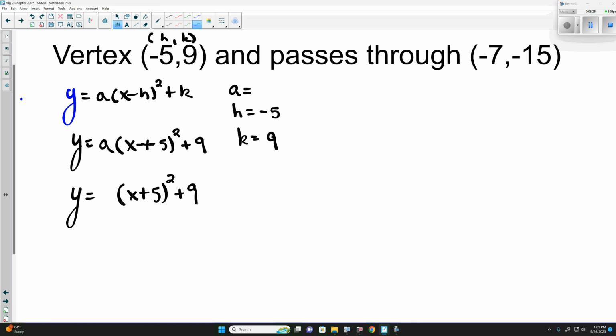So the last thing we need to do is find the value of a, which means we're taking this equation and replacing x and y with their corresponding values. So we're going to replace y with -15: -15 equals a times (-7 plus 5) squared plus 9.